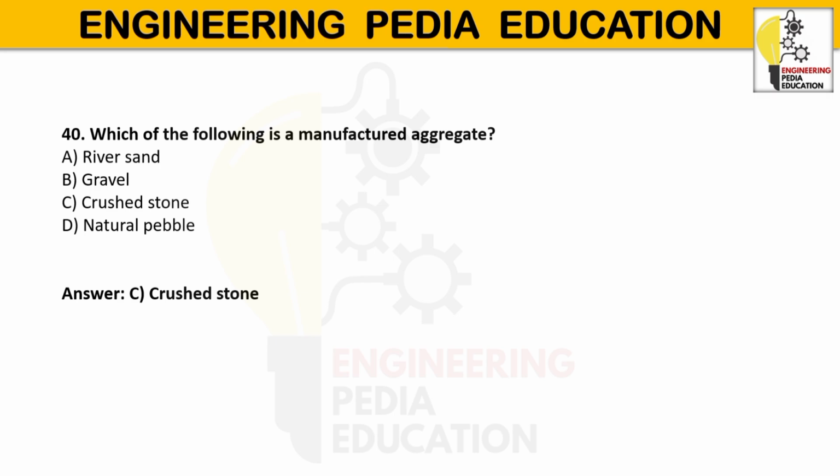Manufactured aggregate is artificially produced, obtained by crushing hard rock, stone, or industrial byproducts using a mechanical crusher: crushed rock, quarry stone, industrial byproducts such as blast furnace slag, crushed concrete. It is mostly angular in shape, with rough surface texture, good interlocking property, and higher strength compared to some natural aggregates.